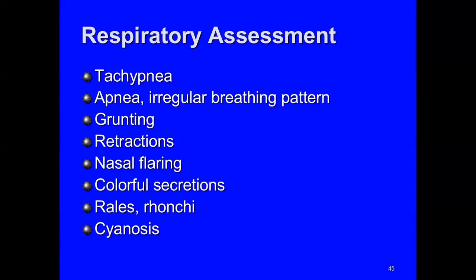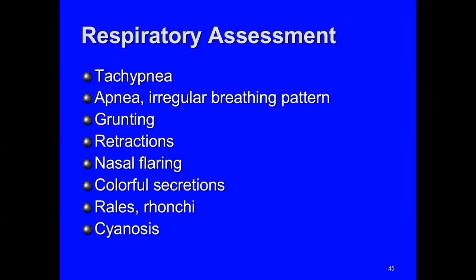So the respiratory assessment, how you can assess a case of pneumonia in the newborn, with the help of respiratory assessment and clinical examination. They can show tachypnea and some apneas, and also irregular breath sounds, irregular breath pattern.